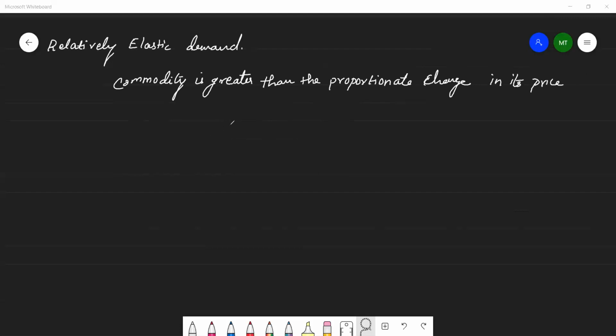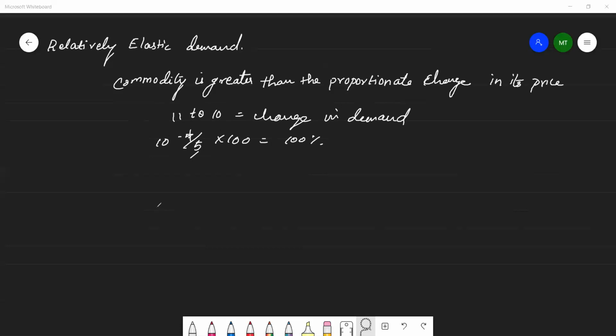Okay, so 11 to 12 என்று வச்சுக்கோங்க. அப்ப change in demand எவ்வளவு வரும்? So change in demand எவ்வளவுனா 10, 5 by 5 into 100 is equal to 100% என்று வரும்.